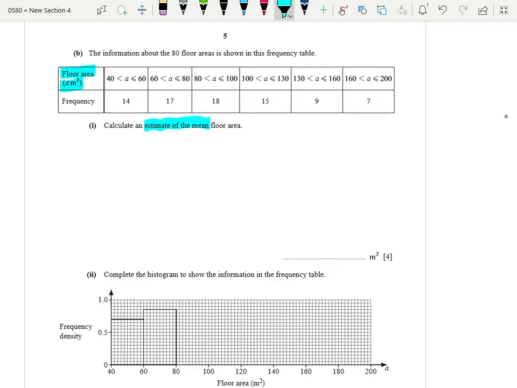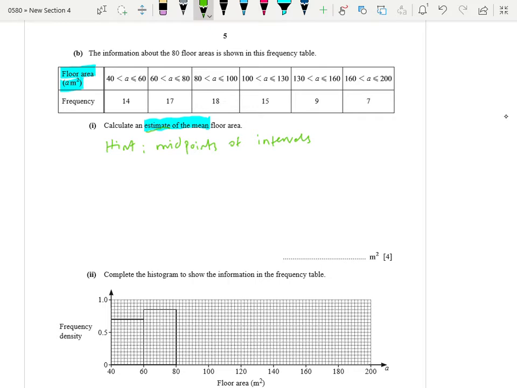Whenever we are asked to find an estimate of the mean, it is a clear hint that we need to find the midpoints of the intervals. Otherwise they would have asked you to find it exactly. Now they are not asking you to find exactly, they are asking you to estimate.